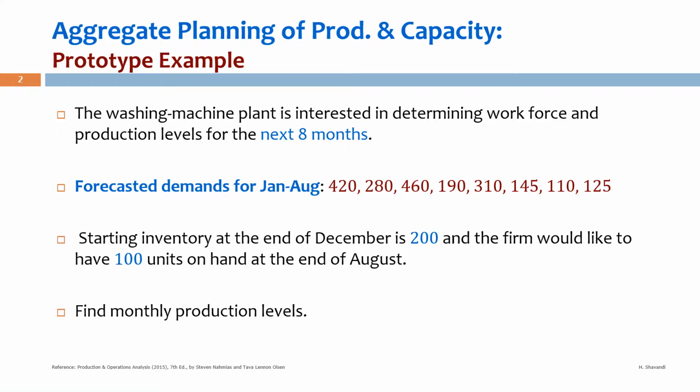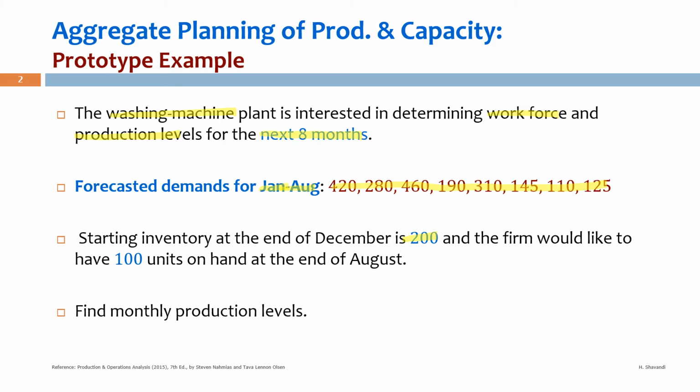Okay. So here we have a prototype example. Here we're assuming a washing machine plant which is interested in determining the workforce and production levels for the next 8 months. The months are from January to August. So we have the forecasted demand for these 8 months. And at the end of December, we have 200 items in the warehouse.